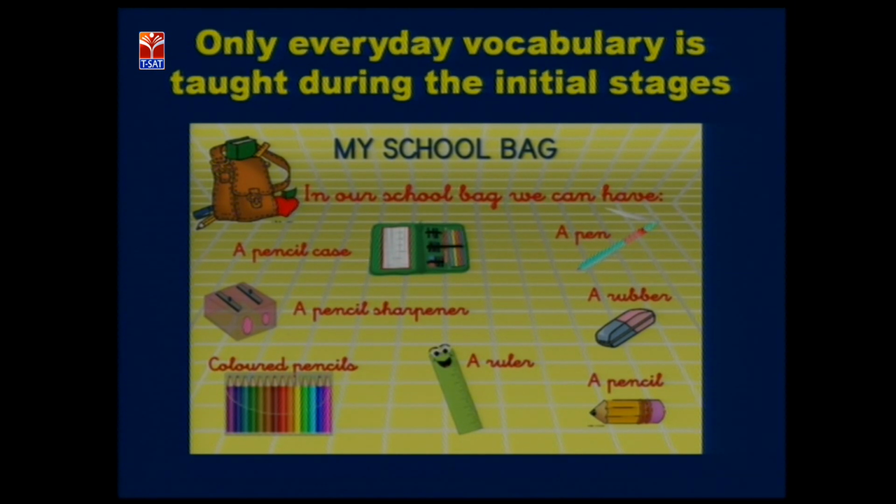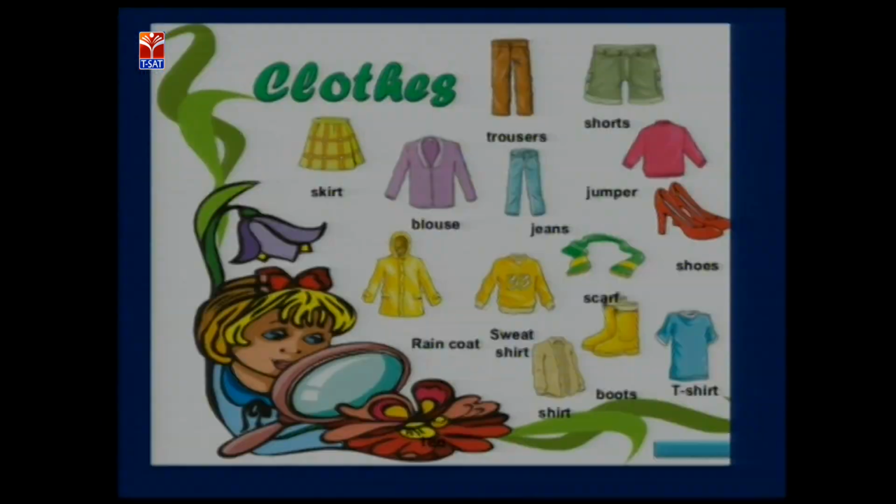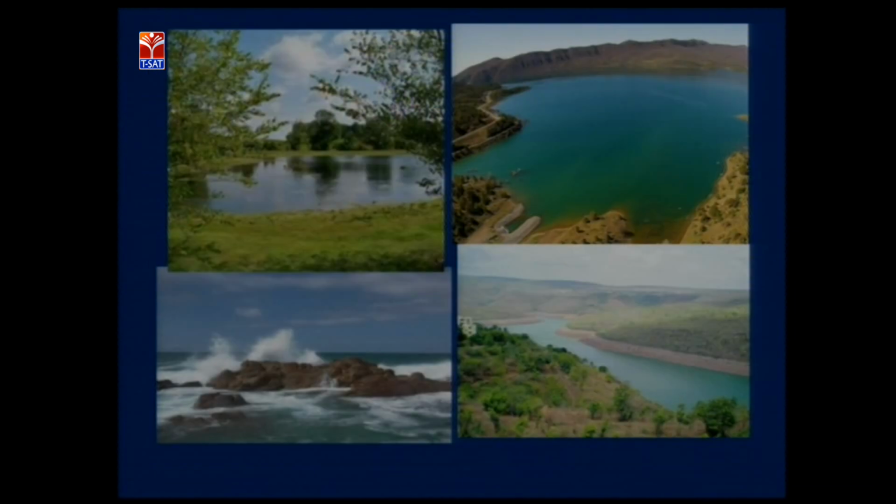Those things should be taught to small kids, that means class 1 students at the primary stage. Sometimes you show different pictures and present vocabulary: blouse, skirt, jeans, shorts, shoes and all these things.